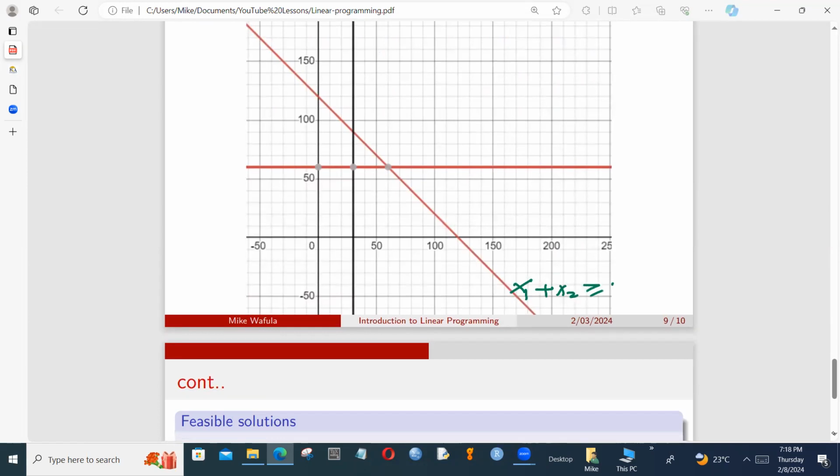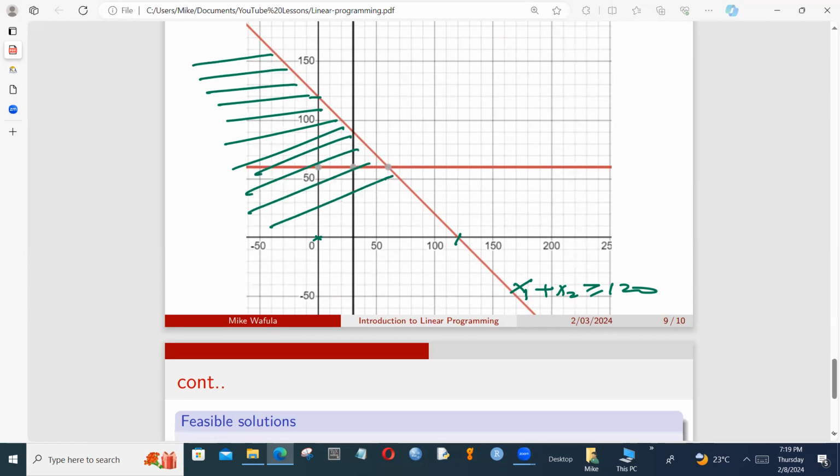We want to make it an inequality, more than that. You can see this point is 120, the other one is 120. So if you pick a point below, like the point 0, 0, you can see 0 can never be greater than 120. So that means 0 is on the unwanted side of the inequality, because it doesn't satisfy the inequality, and therefore any other point below the line does not satisfy the inequality.